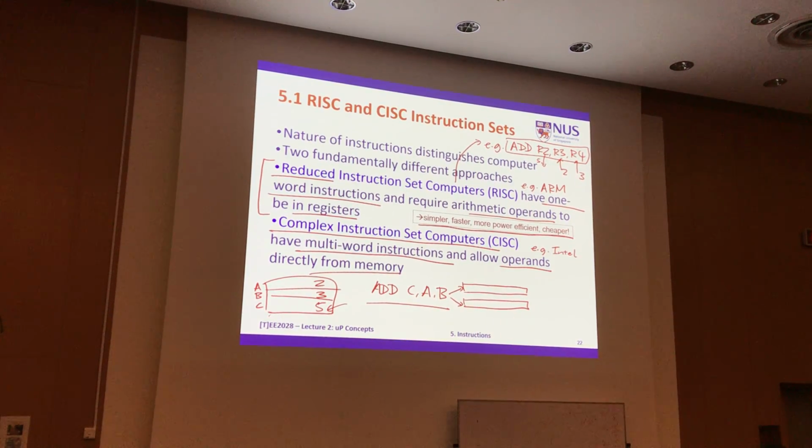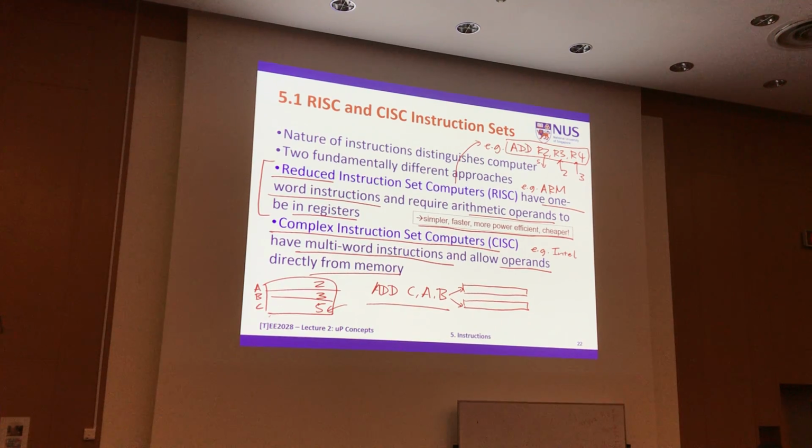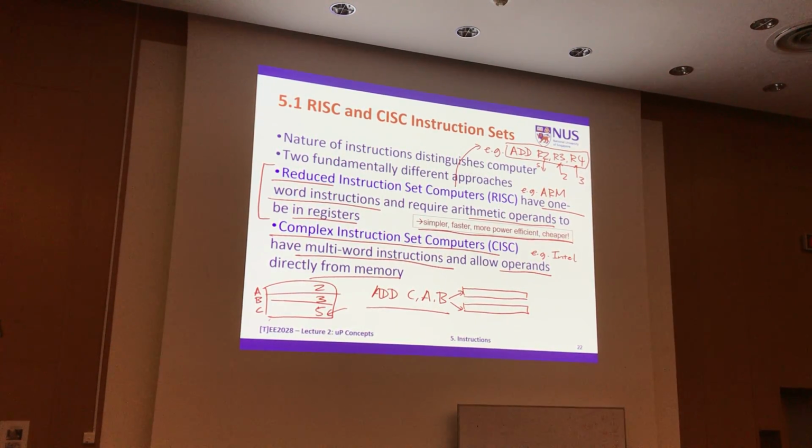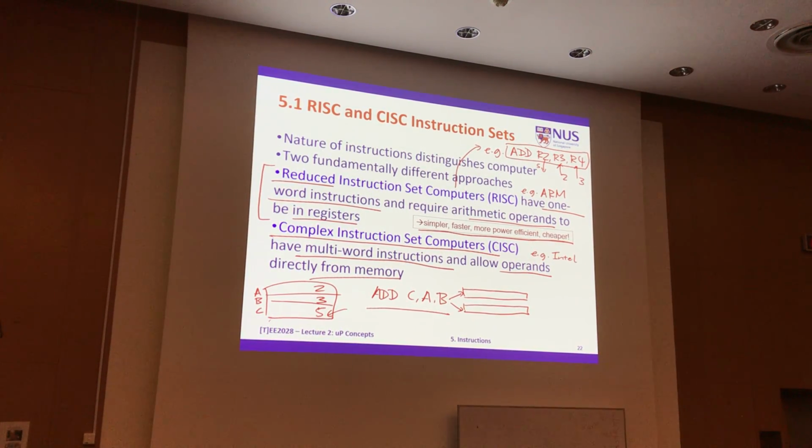Okay, you should also know about the differences between reduced instruction set computer and complex instruction set computer. For the reduced instruction set computer, the instruction is at most 32 bits or 1 word, right? I mean, in our 32-bit architecture. If you have a 64-bit architecture, of course, it may be 64 bits.